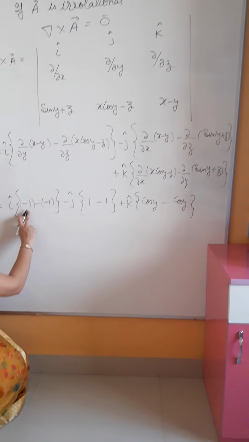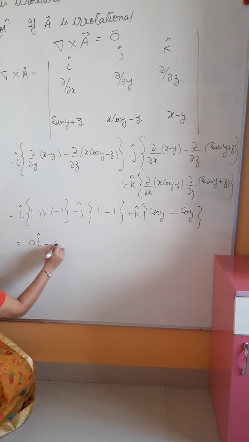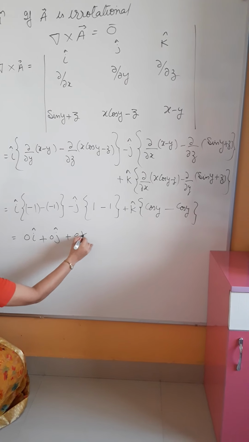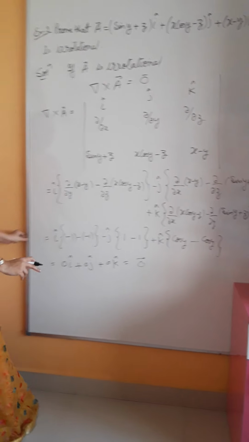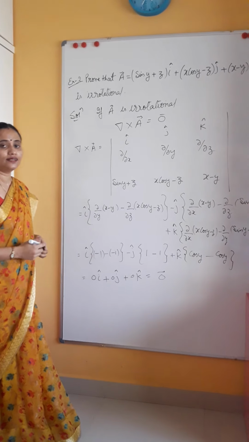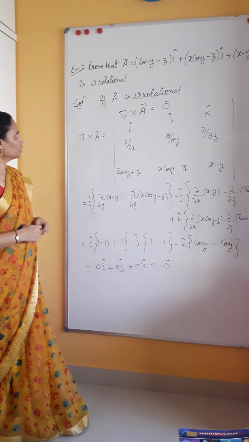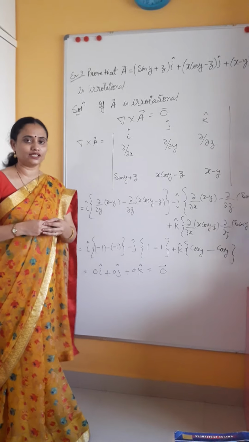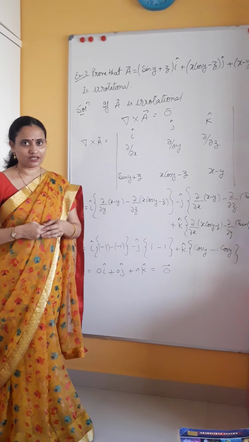So now you can see minus 1 plus 1, that is 0: 0 i cap, 0 j cap and 0 k cap, that is null vector. So we have proved that curl of A is a null vector, therefore you can write A is an irrotational vector. So I hope this is clear how to find out whether the given function is a solenoidal vector or whether the given function is an irrotational vector.